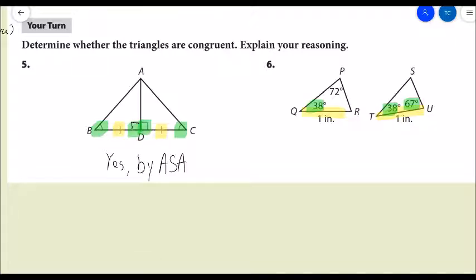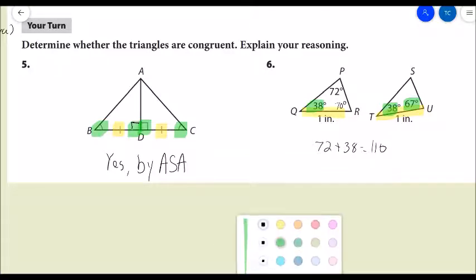But for 6, when you do 72 plus 38, you're going to get 110, which means that angle R must be 70 degrees. And then you have, I'm going to do it a different color because it's not the same. R and U are corresponding, yet they are not congruent. So this one you should have said no, they are not congruent.